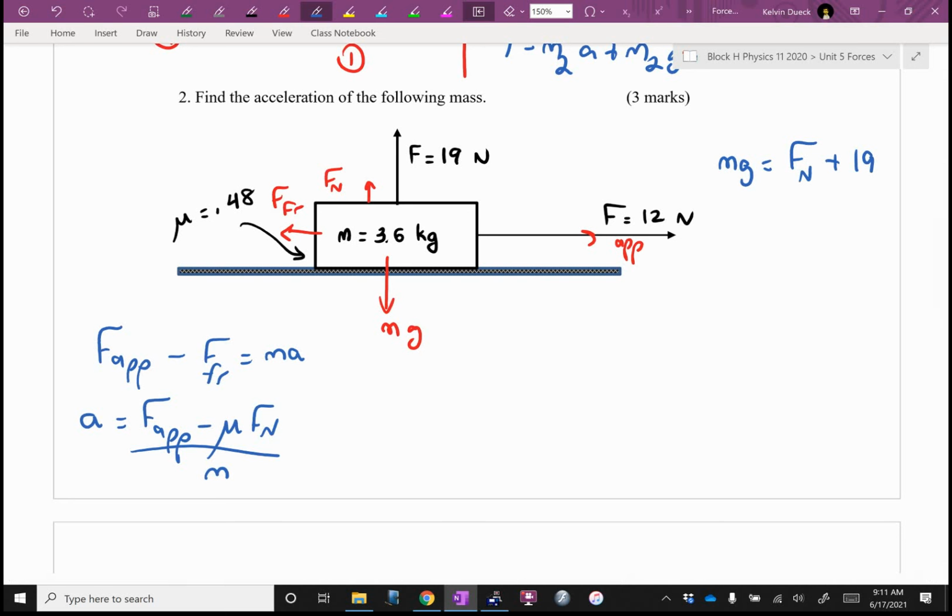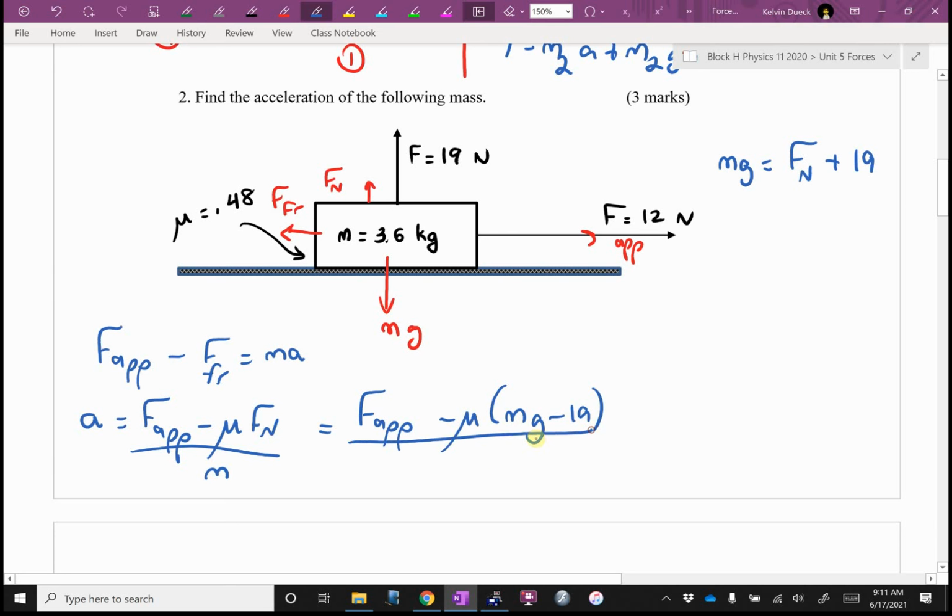Okay? If you crunched that, that's fine. I'm naturally lazy, and I would like to try and do this in as few steps as possible. So I'm going to go F applied minus mu, and then in brackets, mg minus 19, because that's the normal force. So it has to be in brackets, all over m.